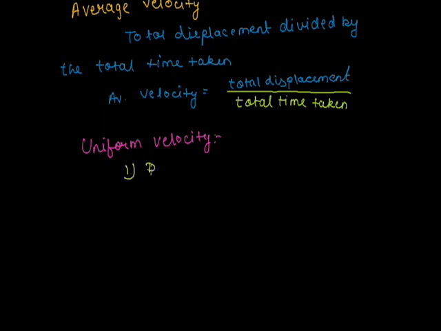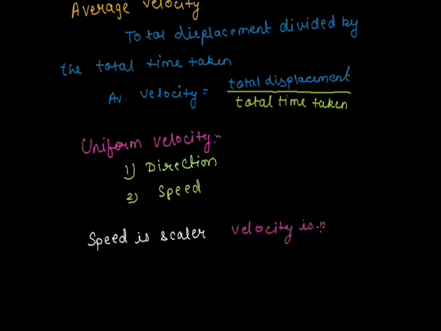One, speed. Two, direction. When both these quantities are constant, then an object is said to be traveling with uniform velocity. Speed is a scalar quantity, whereas velocity is a vector quantity.